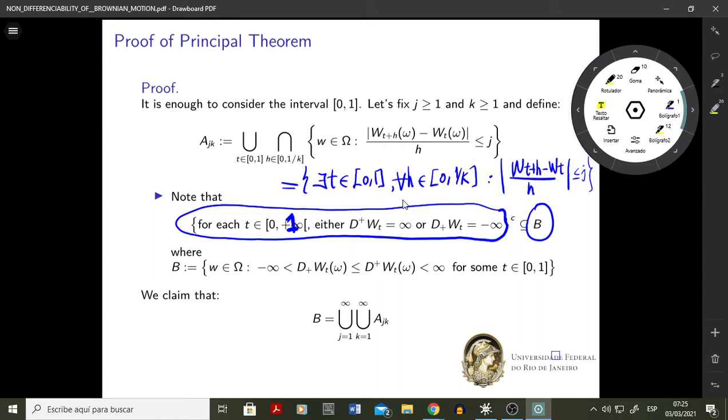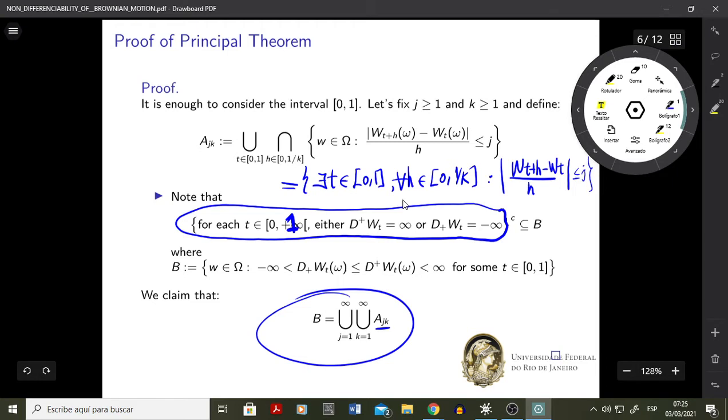Now I'm going to decompose this set V like this: V can be expressed as the union over all j from 0 to infinity of the union over all k from 0 to infinity of these events A_{j,k}. Now, in order not to get lost, our objective is to prove that this set has probability 0.